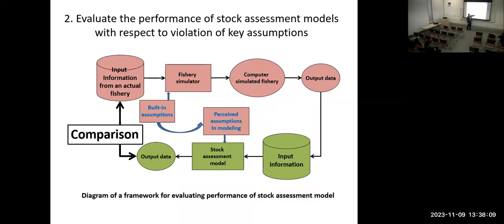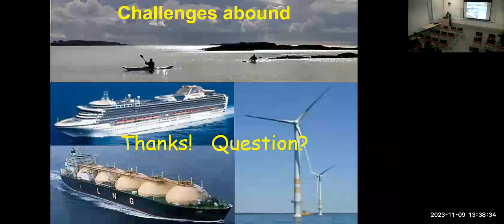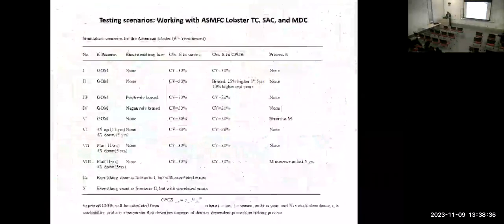In the stock assessment we have different perceived assumptions in those models, and we ask, what if you violate those assumptions, and how may that affect the results? Then you compare that with the true answers and figure out the impact, and you make sure you consider that impact in your decision-making process.